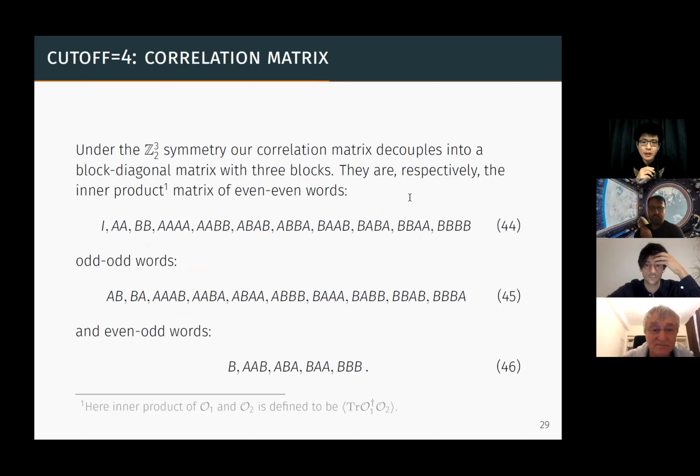For the correlation matrix, it is very similar to the one matrix model. We just write the words in terms of A and B and take the inner product between the words to formulate a single trace operator. Here in the footnote, I denote that the inner product of O1 and O2 is trace of O1 dagger O2.